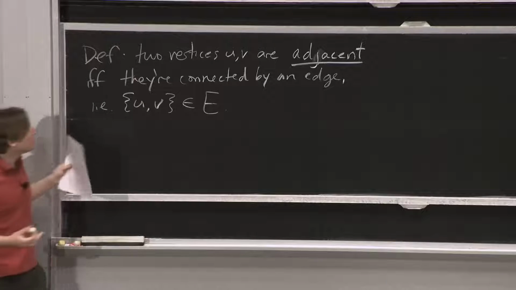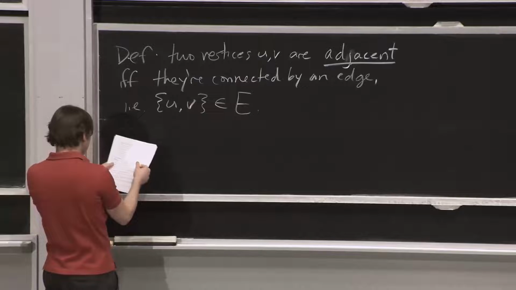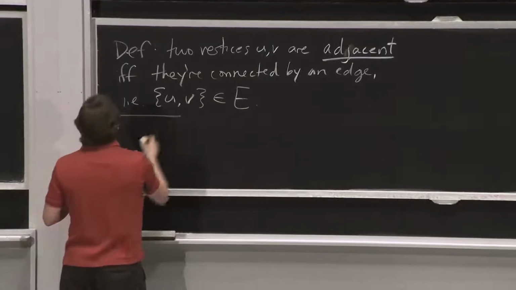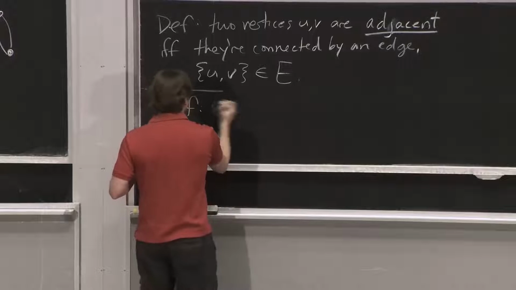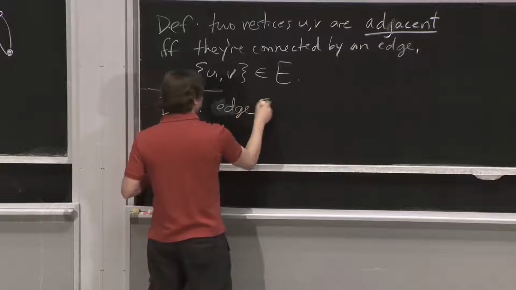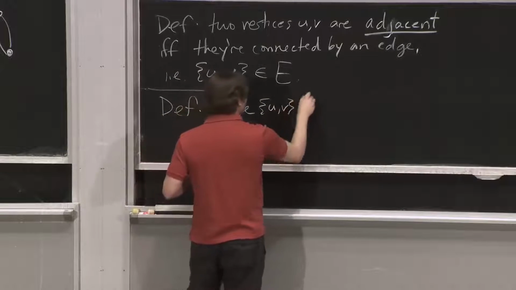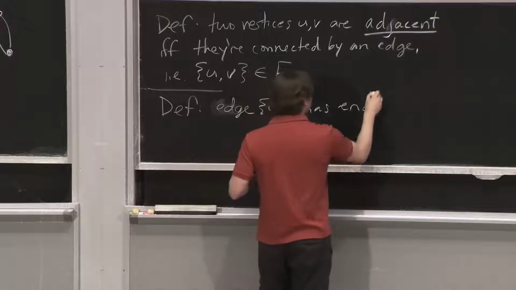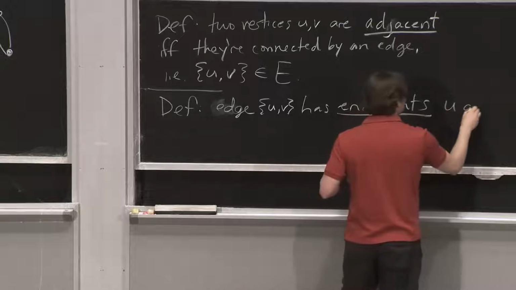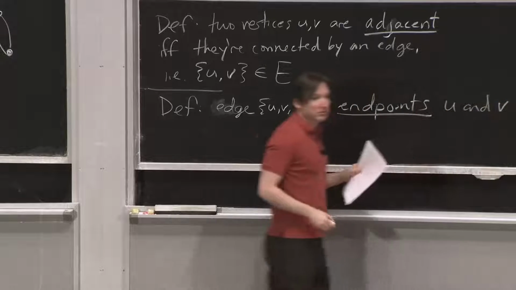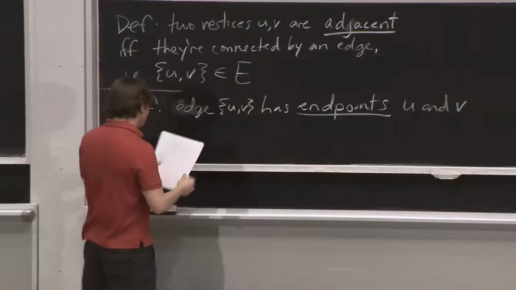So their vertices are adjacent if they're connected by an edge. We'll say that an edge uv has endpoints u and v, just the two endpoints of the edge.